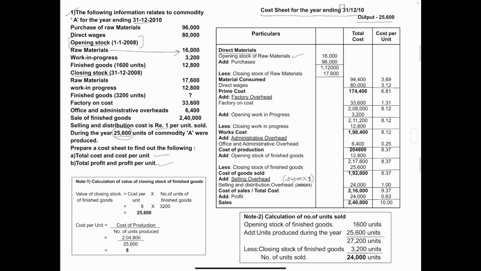So purchases here, purchase of raw material amount 96,000. Opening stock of raw material 16,000. Add purchases 96,000. Add these two figures, 16,000 plus 96,000, you will get 1,12,000.